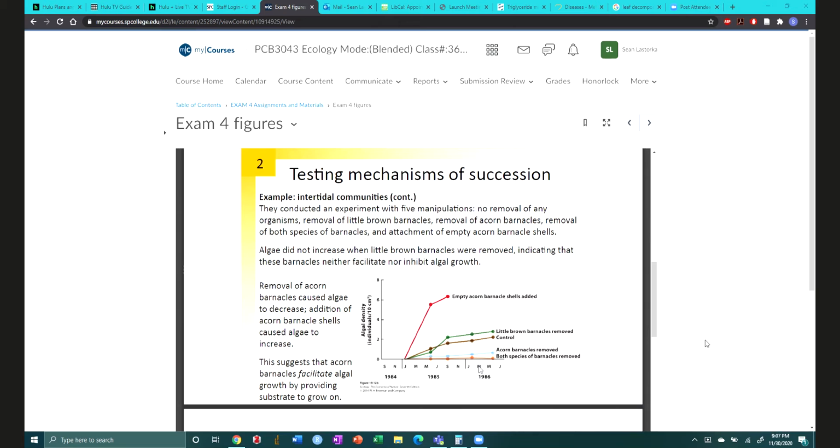Okay, so this graph shows basically algae density changing from 1985 to 1986. The brown line's the control. The succession.